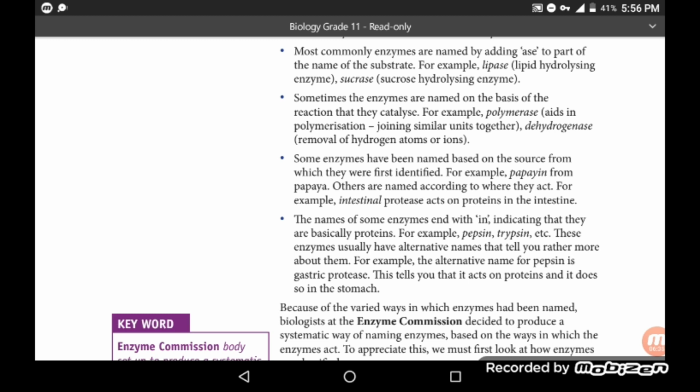And others are named according to where they act. For example, intestinal protease acts on proteins in the intestine.